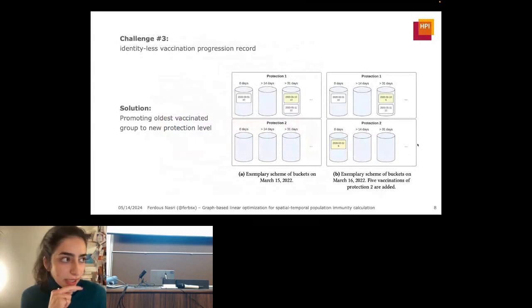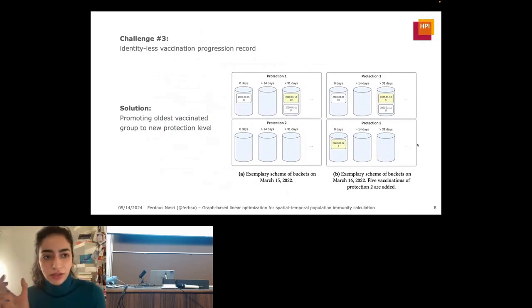And the next challenge we had was that the vaccination progression record was not coupled with the identity of people. So we didn't know if someone who's gotten the first vaccine on a certain day has received their second vaccine on another day, or if it was someone else who's received that second vaccine.